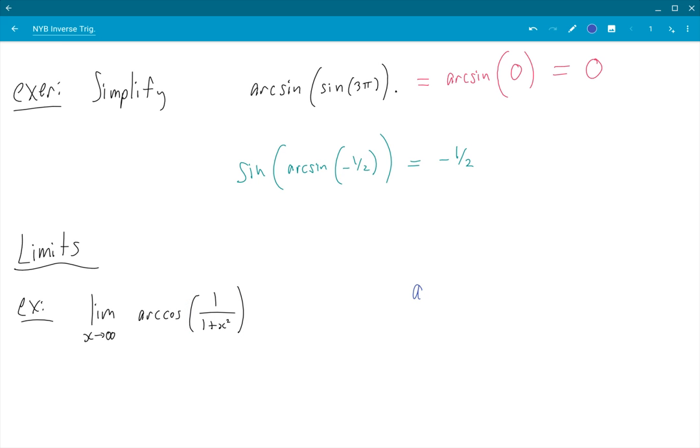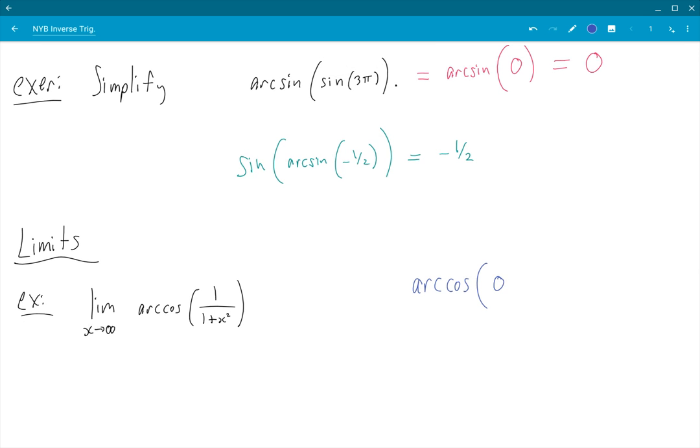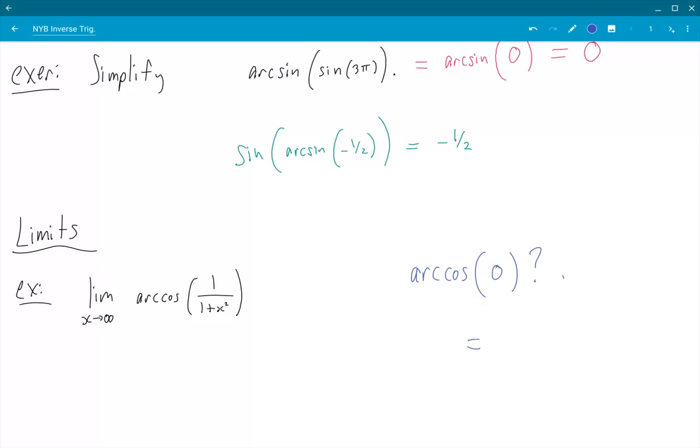So I'm actually looking at arccos of 0 here, since this fraction is certainly going to 0. Well, arccos of 0 is pi over 2. Pi over 2.